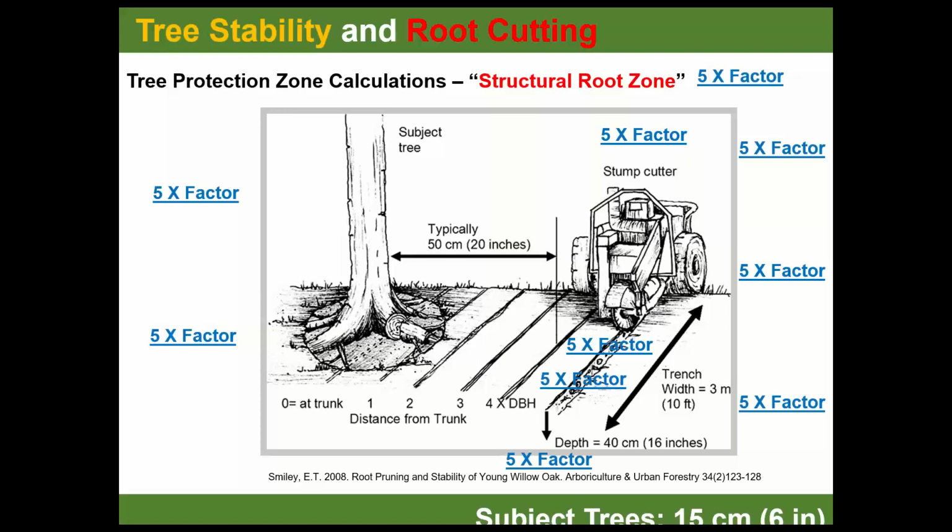Now, the last thing, and then I'll turn it over to Ryan here in a couple minutes, is if you look at tree stability and root cutting. From the ISA BMPs, they make references to kind of a 5x factor, where if you start getting closer than that, your risk for structural root zone damage could be great enough that the force needed to topple over is reduced. It's much like that case in the city of Milwaukee where trees were falling on top of cars after a windstorm.